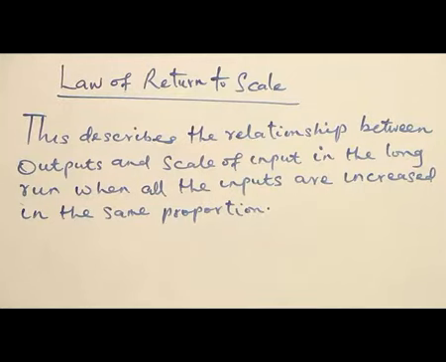Why? Because the firm has changed or increased its plans, maybe from one plan to a second plan to a third plan. All this makes the firm be in the long run period. That is, no input is fixed again. All the inputs have become variable inputs.